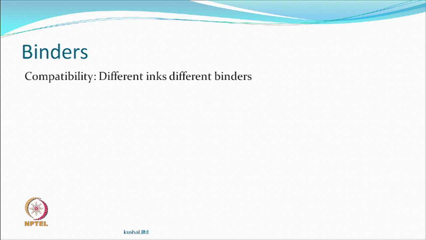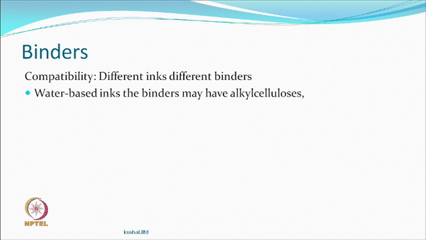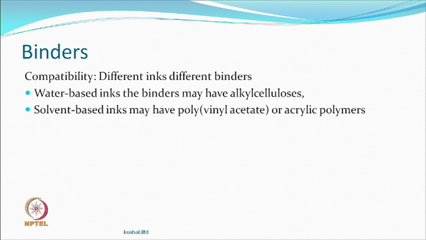So, some examples of the binders. Different inks have different binders, which means water soluble, water insoluble, all those types of things will have to be seen. So, that kind of compatibility people obviously work around. Water based inks may have alkyl celluloses, the solvent based inks may have vinyl acetate based or acrylic based polymer binders.